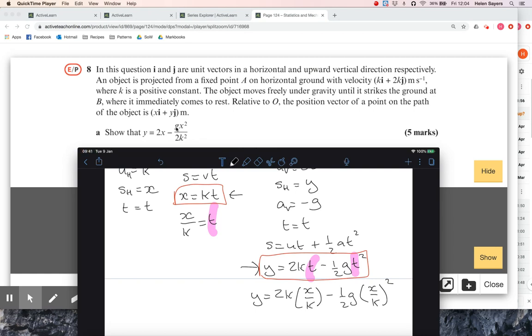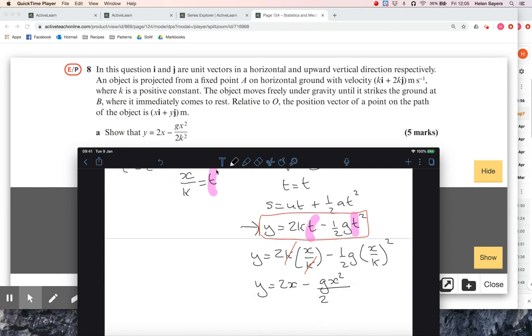So this is the result I'm aiming for. I think we're okay. That k and that k can cancel. So I do get 2x, which I wanted. When I square out these brackets, I am going to get x squared in the numerator, and the 2 from the half can just go into the denominator, and then the k is getting squared as well.